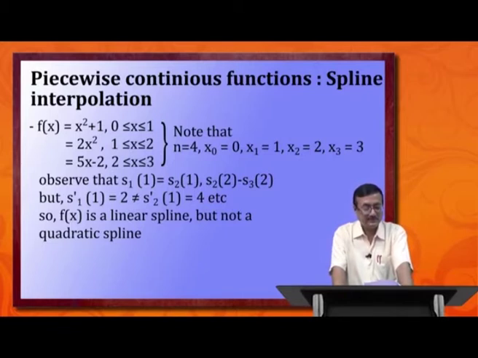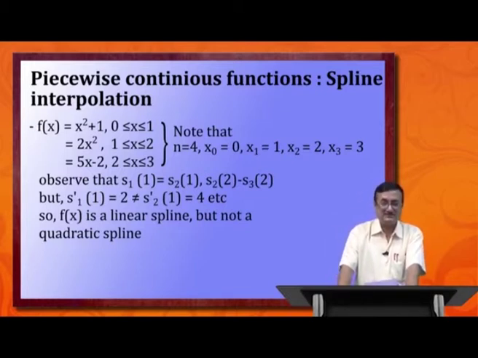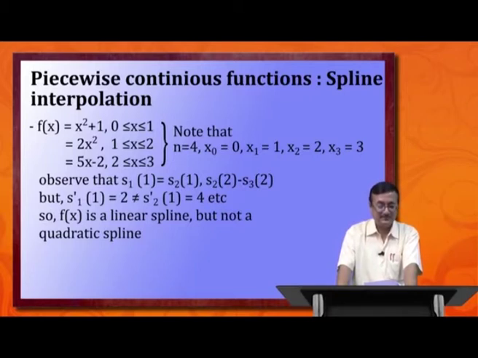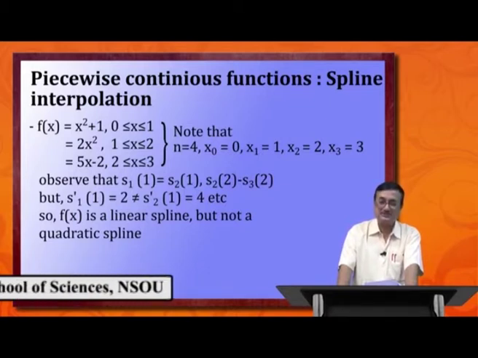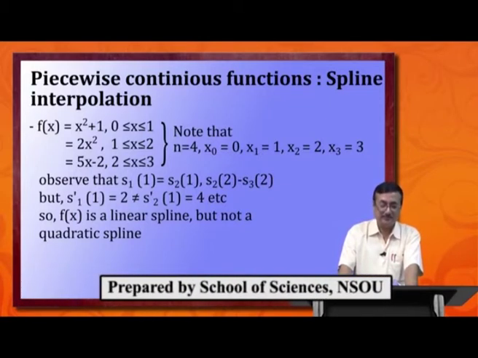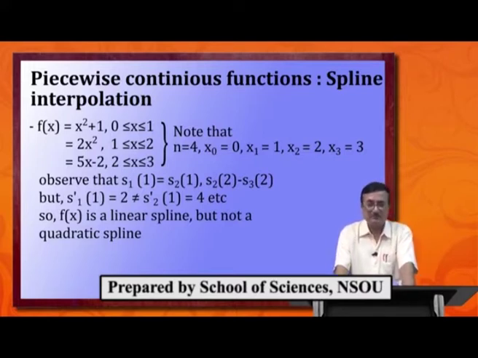We observe that S1 at x equal to 1 is equal to S2 at x equal to 1, and S2 at x equal to 2 is equal to S3 at x equal to 2. But what about the dashes, that is the derivatives? S1 dash at x equal to 1 is 2, which is not equal to S2 dash at x equal to 1, which is 4.